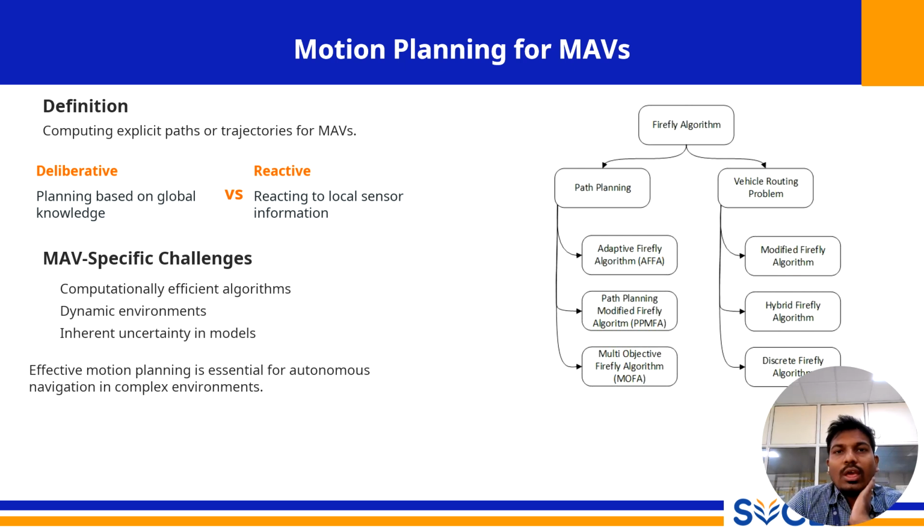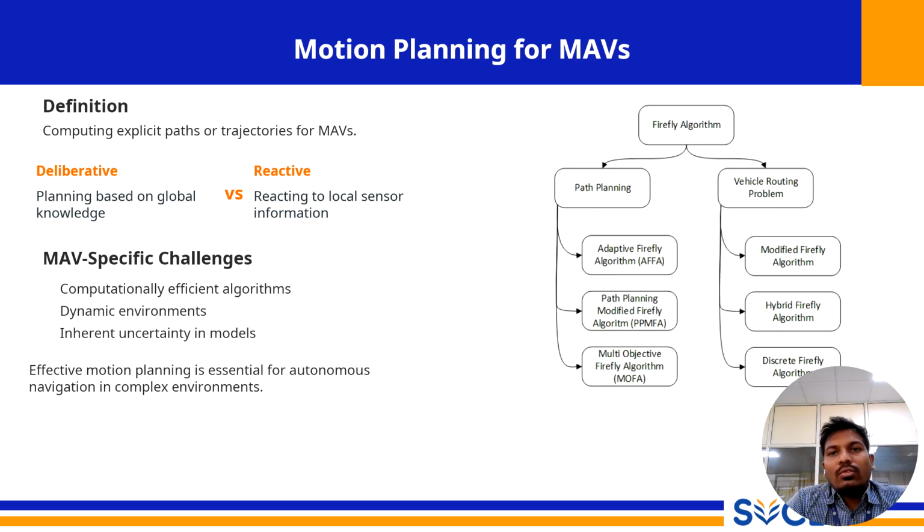Most advanced MAVs use a hybrid approach, using a deliberative planner to find the overall route and a reactive layer for immediate collision avoidance.